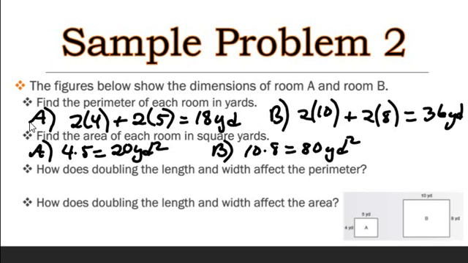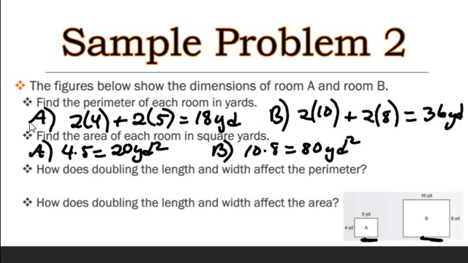Next question, how does doubling the length and the width affect the perimeter? If we look at the example here, they doubled the length and the width. What happened to the perimeter?